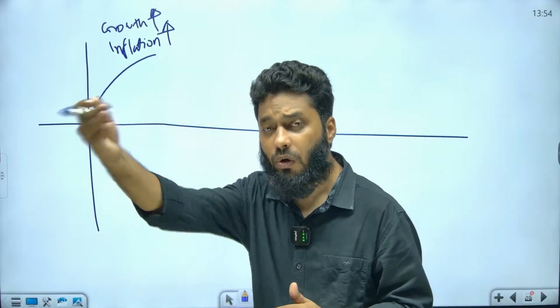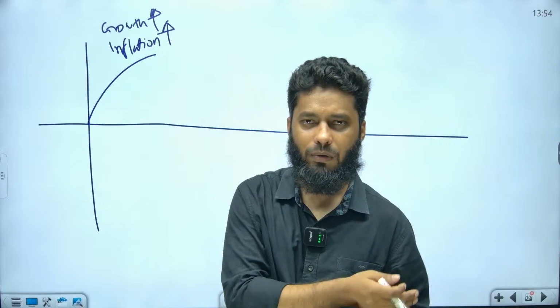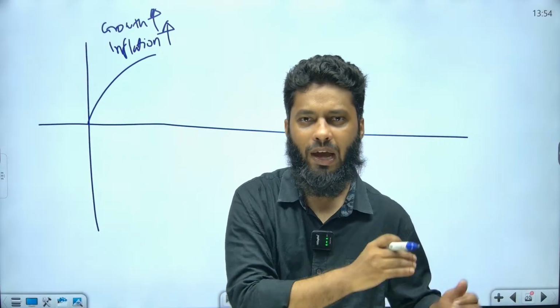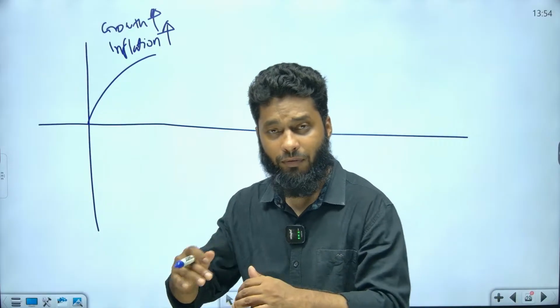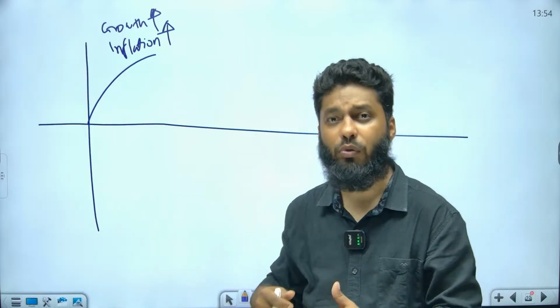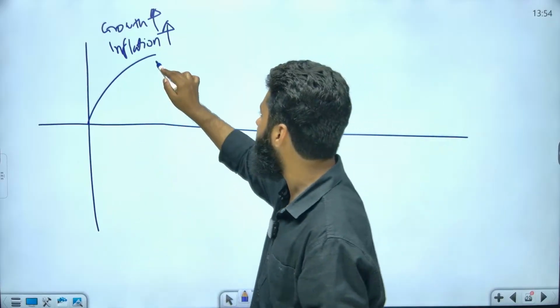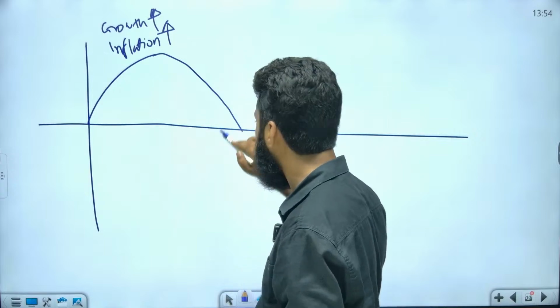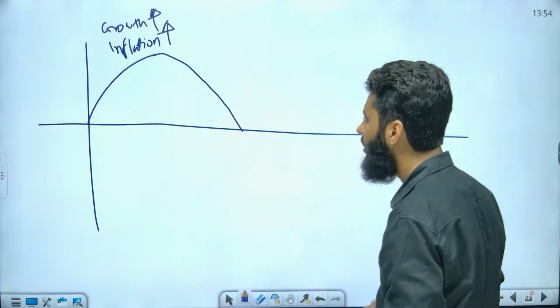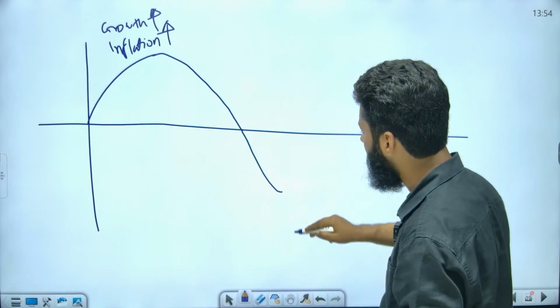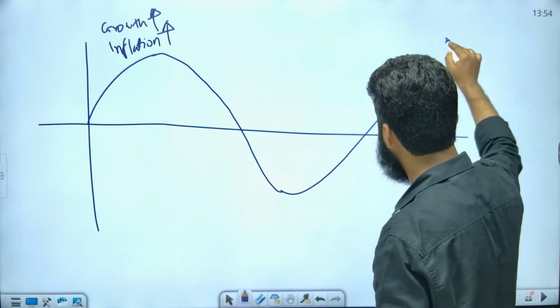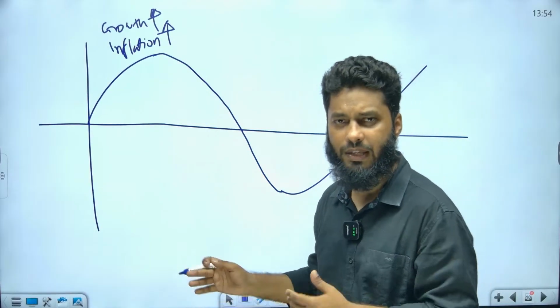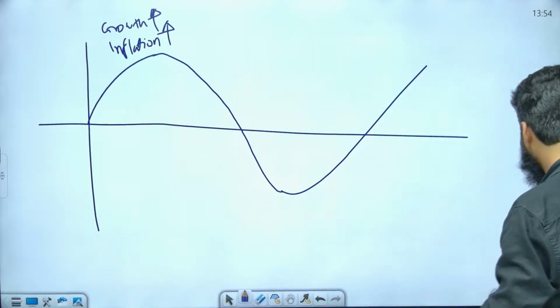If you focus more on growth, inflation will be a byproduct and you will have an increase in inflation as well. But when you try to curb inflation, you may also decline the growth. This is how the business cycle can be there. Then it can be under recession, and then it can be under recovery. These are the business cycles that we have seen at some point of time.